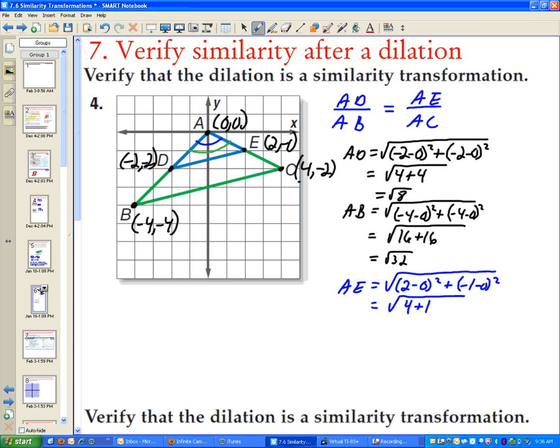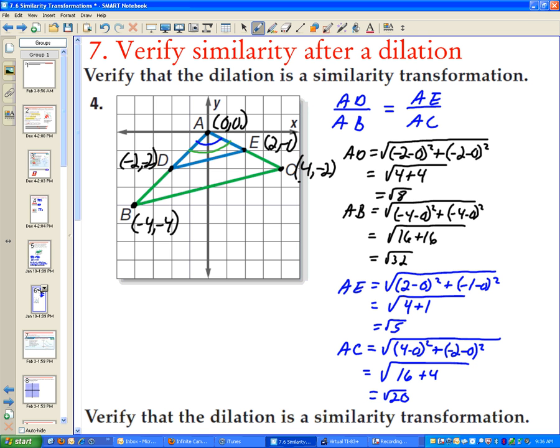Square the 1, get a 1. Square root of 5. Length of AC, that'll be 4 minus 0 quantity squared plus -2 minus 0 quantity squared. 16 plus 4, square root of 20.